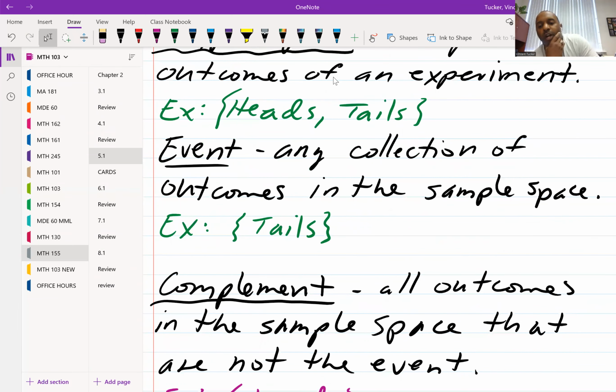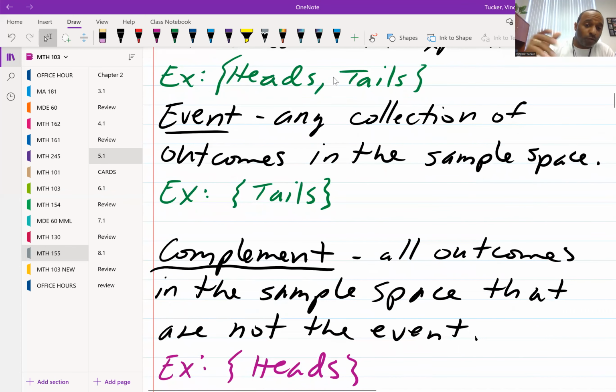All right, so then we do the complement. The complement is all outcomes in the sample space that are not the event. If I'm looking for the probability of landing tails, tails is my event, then the complement of my event would be heads. So everything that's not tails. In this case, it's heads and tails, so heads will be the complement of tails.